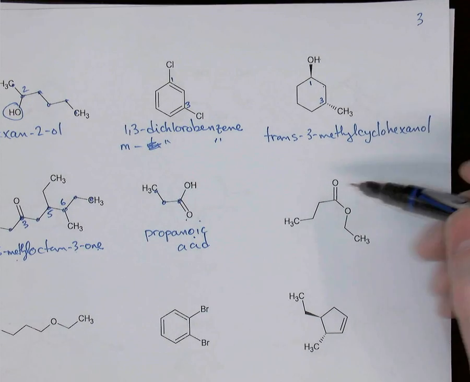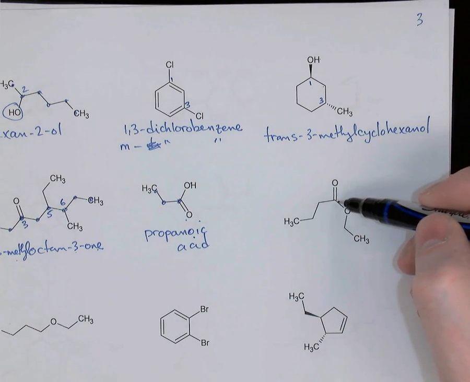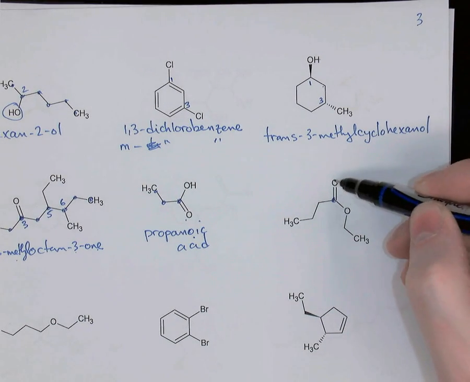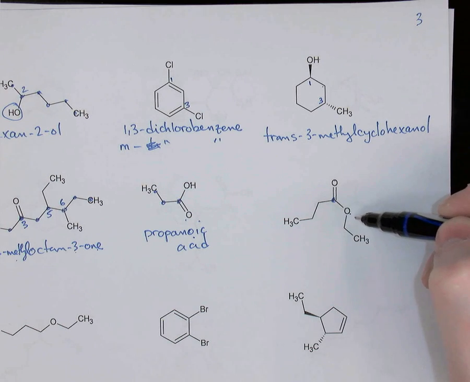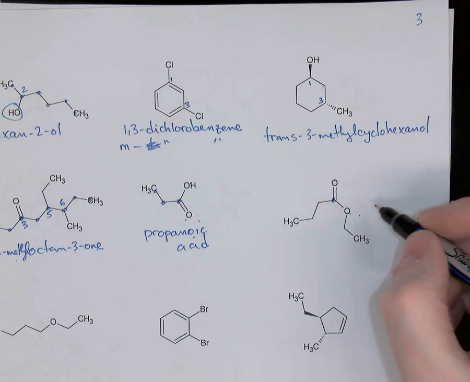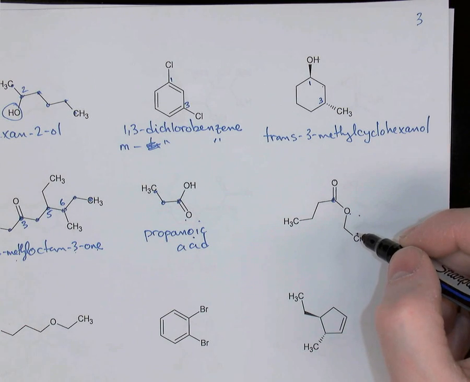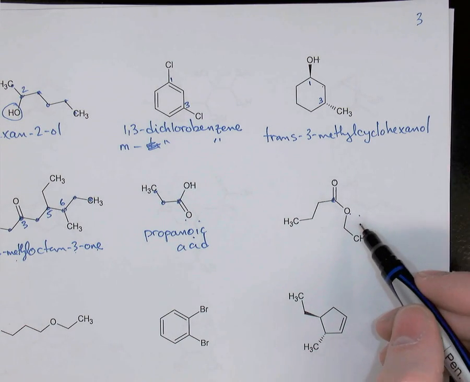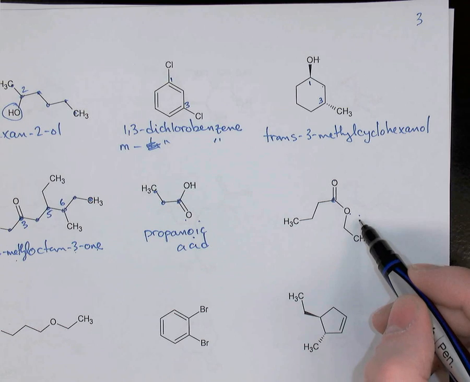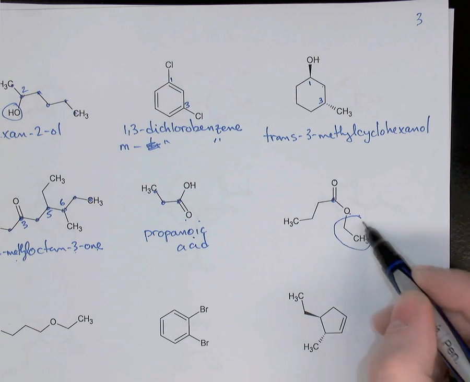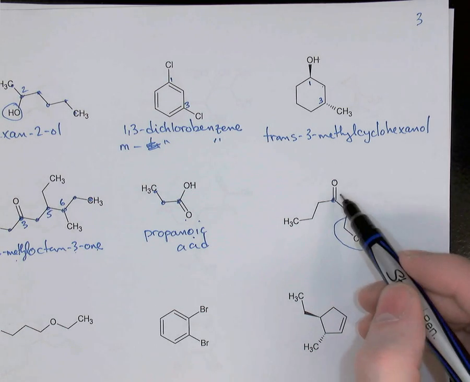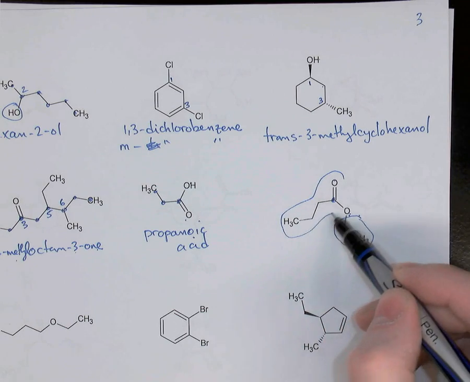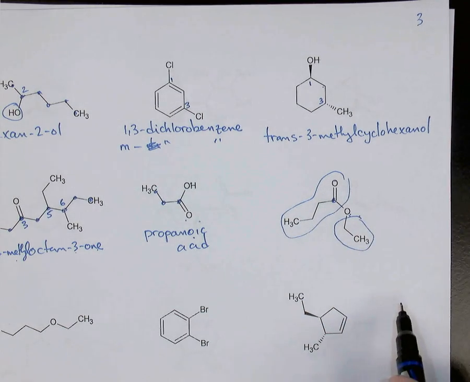The next molecule has what looks to be a carboxyl group, C double bond O, but instead of OH, we see OR. Therefore, this is actually an ester molecule. We know that esters were made from alcohols, and the alcohol would have been the part bonded to the O, and then they're also made from carboxylic acids, which would be this part up here.